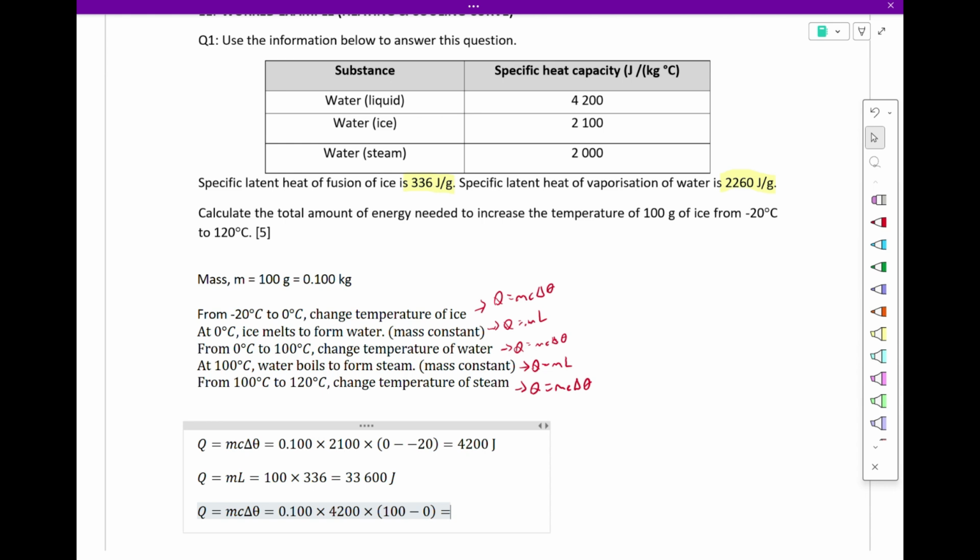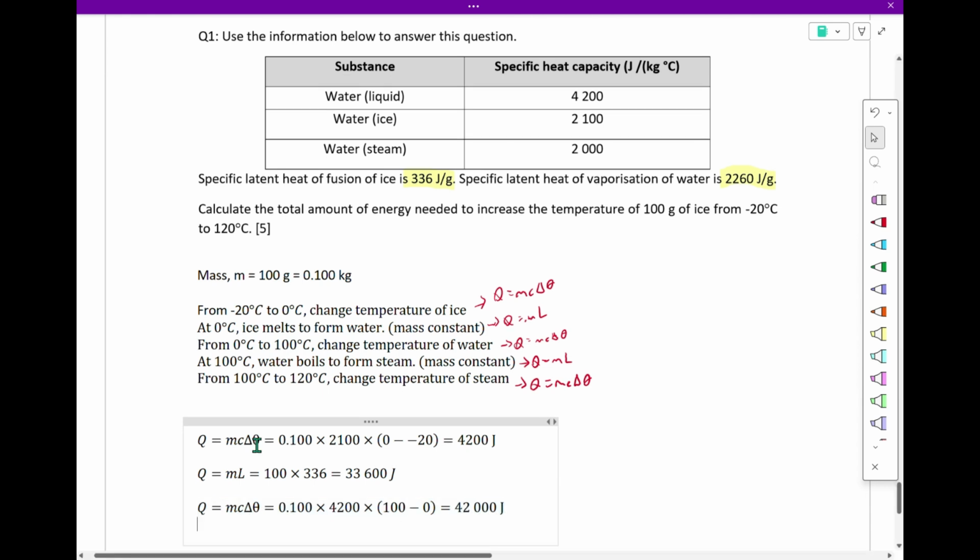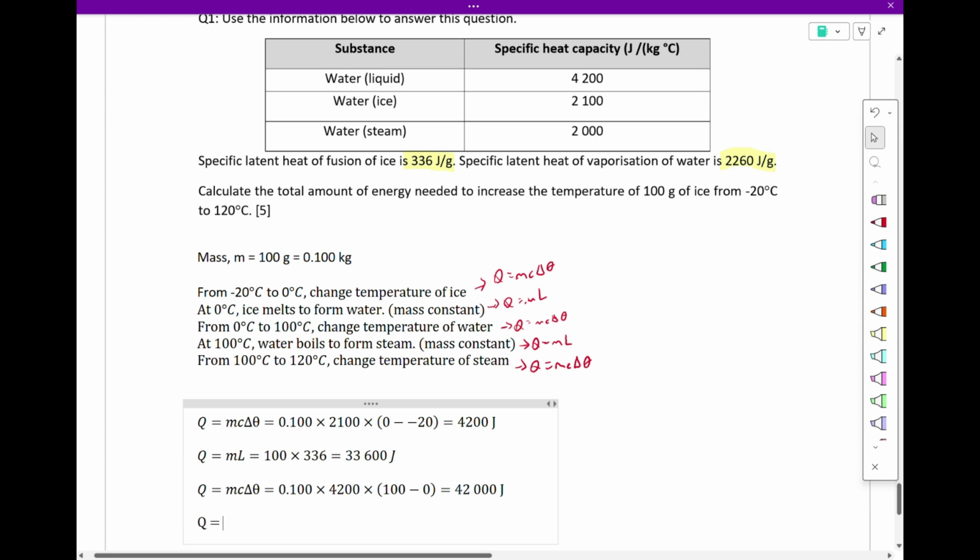0.1 times 4200 times 100, you get 42,000 joules. Okay, then Q equals to ml. Same thing, we're going to use 100 grams again, because now it is joules, 2260. If I'm not wrong, double check, 2260 times 100, yes, 2260 joules.